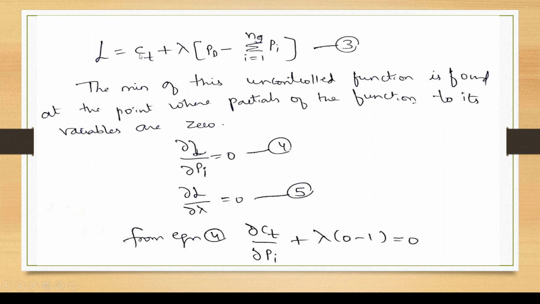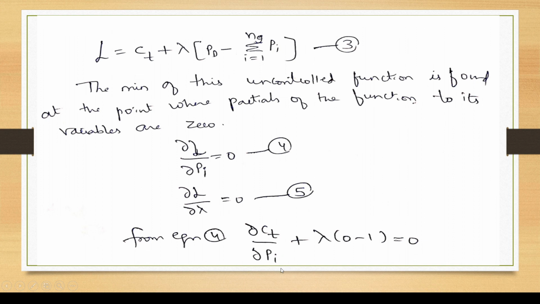So this is as it is, dou Ct by dou Pi plus lambda. Lambda is a constant, so plus lambda as it is. The derivative of PD will be equal to 0, minus, see, PD and Pi are totally different from each other.